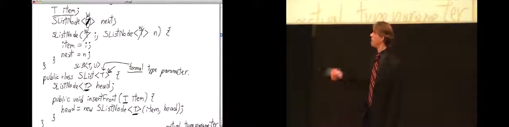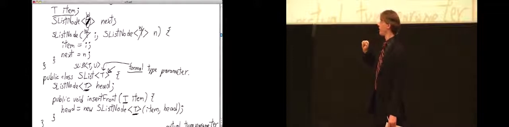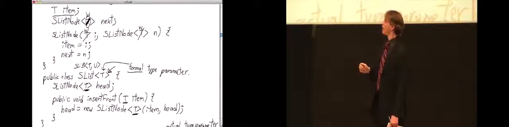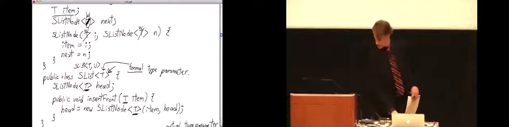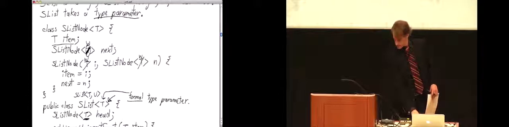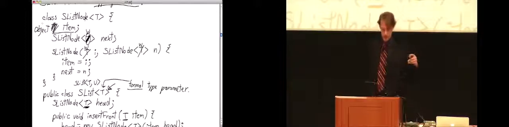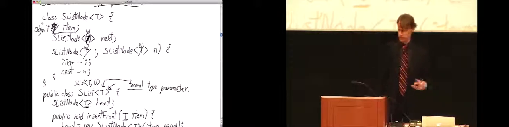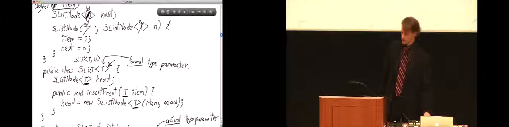Then, okay, if the S-list node class doesn't have the formal type parameter, then you would have to do your casting inside the S-list class. Suppose that I made my slist node so that item is still object. Well, now every time you want to pull that item out and give it to somebody, you have to cast it back to string. So who would do that?